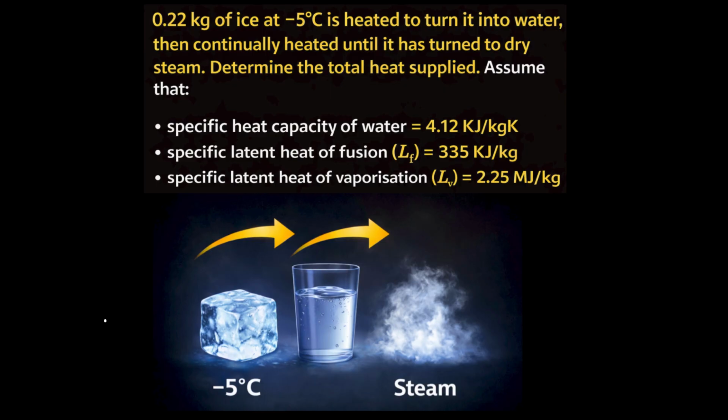And we also have our latent heat, and the latent heat here is the heat required to change the phase of a substance. So if we're changing from ice to water, or from water into steam, then we look at the phase change in terms of its latent heat. So let's go ahead and analyze the problem and see how much the total heat supplied will be.